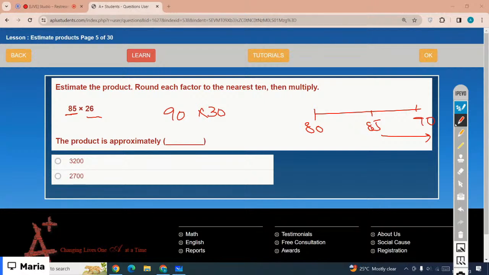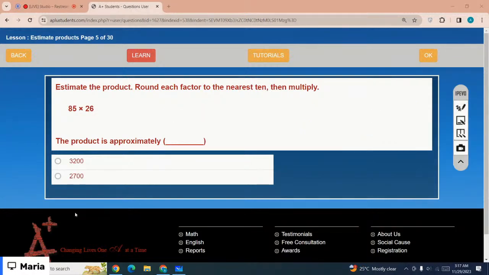So which is the correct option? 3 times 9 is 27. That would be 2700. The correct option is 2700.